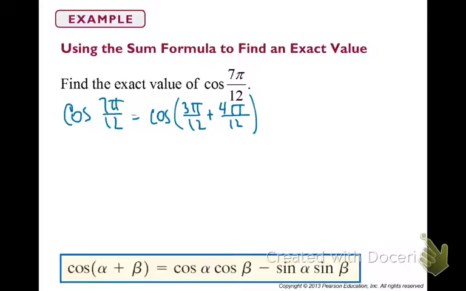So let's do that. So I've got a cosine. Now, the 3 pi over 12 would reduce down and become what? Pi over 4. And I could reduce the 4 pi over 12 down, and that would become what? Pi over 3. Well, I know that pi over 4 and pi over 3 are in quadrant 1.